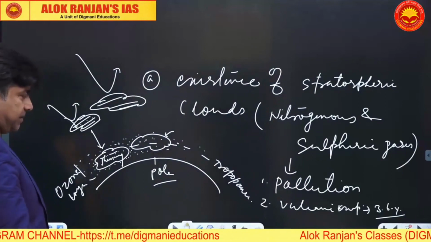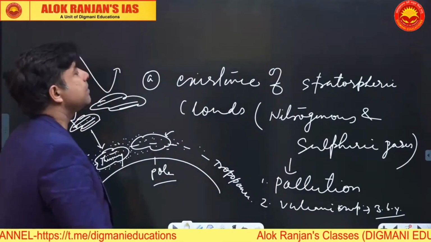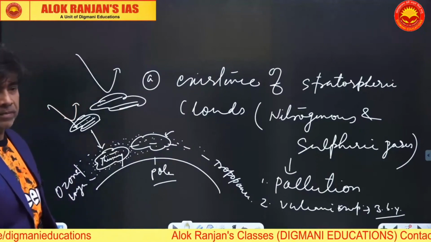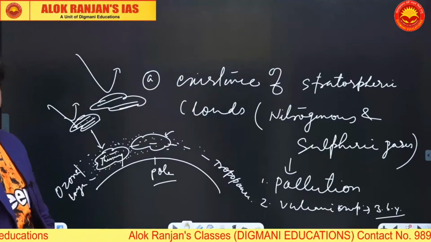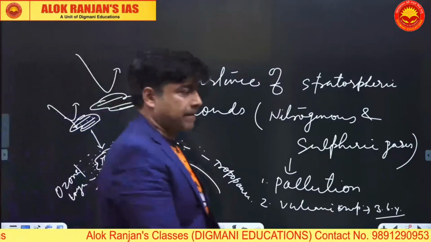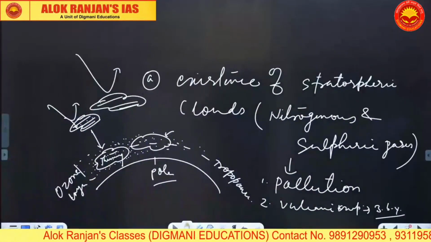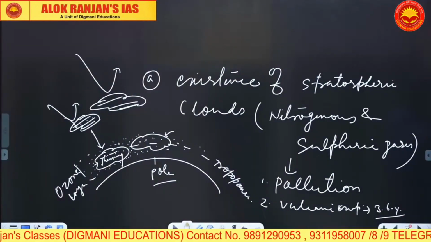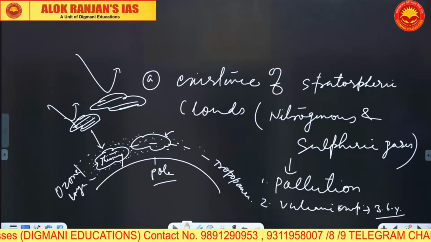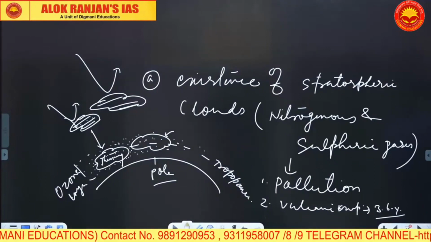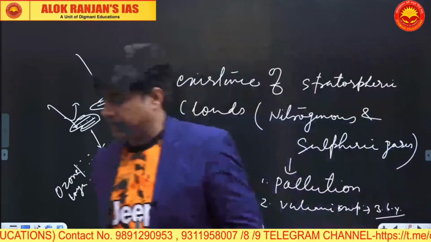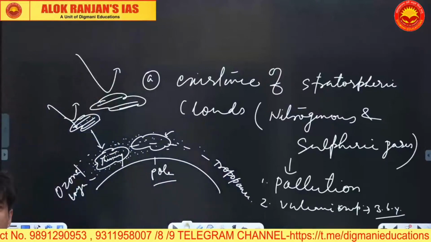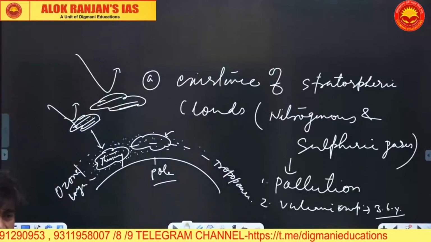Or Precambrian. Make the diagram. This is another cause behind ozone layer depletion or thinning of the ozone.